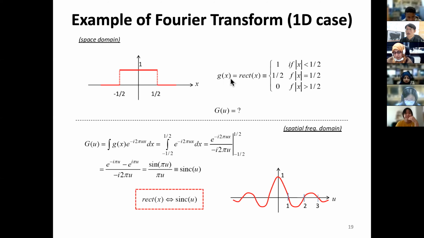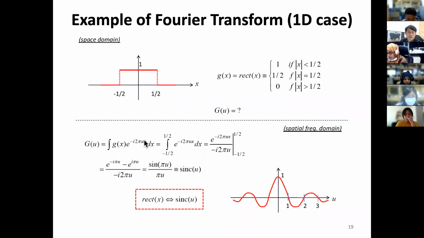That's the question, and it now becomes very easy to solve because you just do a two-dimensional Fourier transform, in this case even a 1D Fourier transform. So let's say G(u), the definition is this function times e to the minus 2 pi i ux dx, and only the value over this range exists, so that g(x) becomes 1.